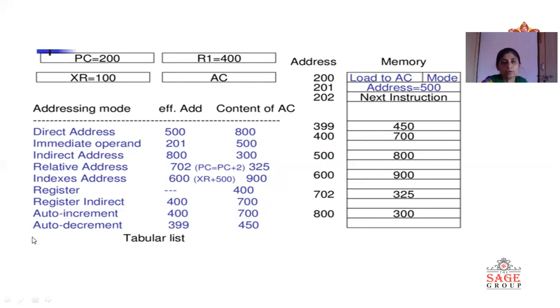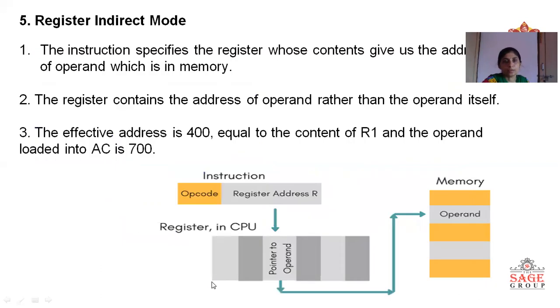In the instruction only 500 and the opcode are given. At 800 will be the effective address, and 300 will be loaded into the accumulator.